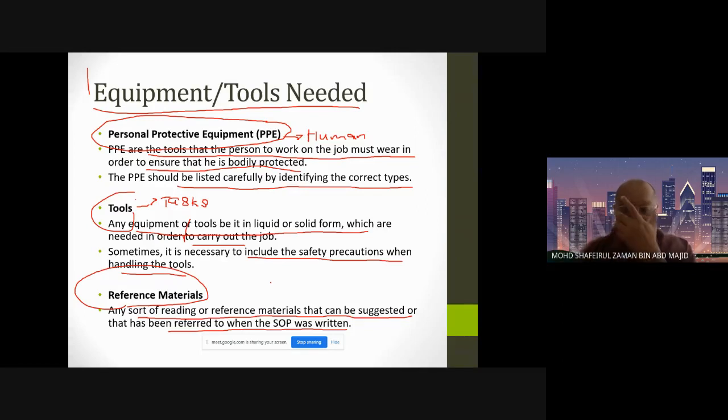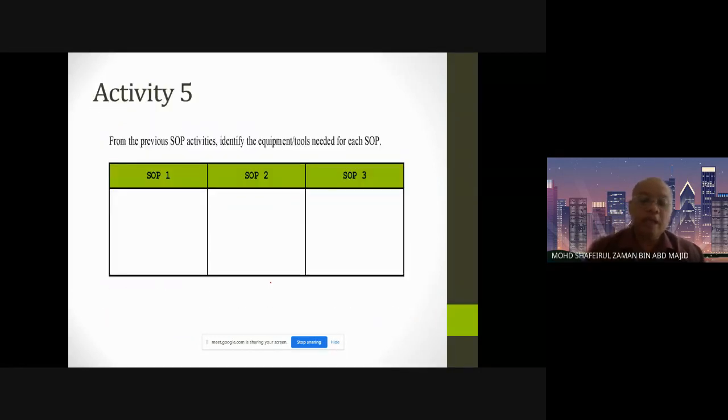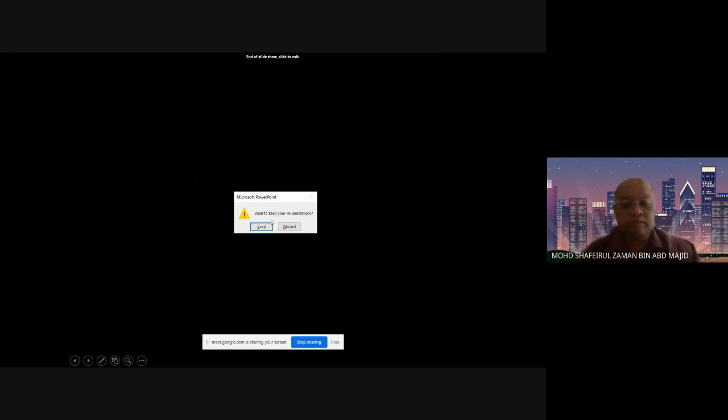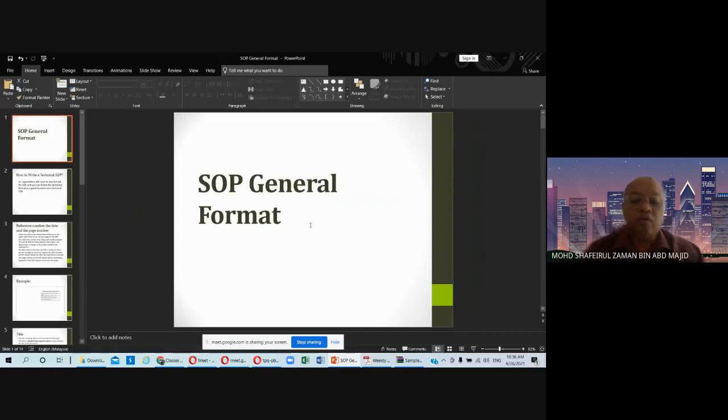Or if it is given in the situation for assessment 2A, you need to write it back in the reference materials component. So please read the situation carefully. Nothing more on activity 5, and that's it about the things that you need to know on SOP.